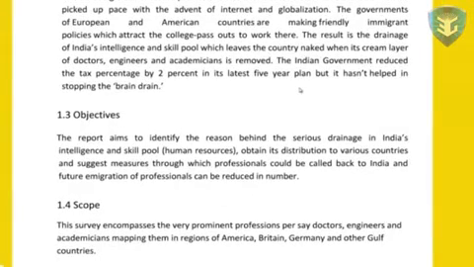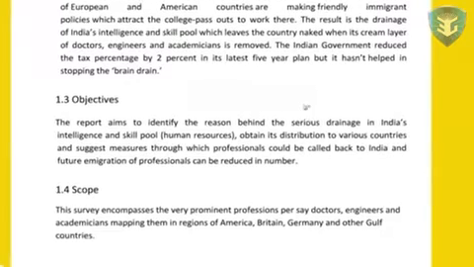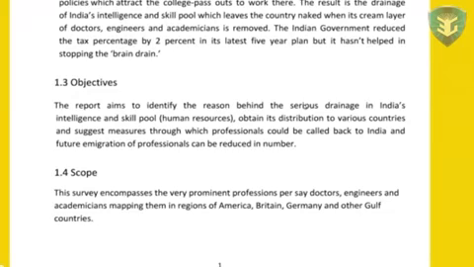The third element is the objective, and it states the aim of the report and suggests a plausible solution for the problem. Fourth comes the scope. The scope comprises the areas of classification which have been taken into consideration while writing the report.